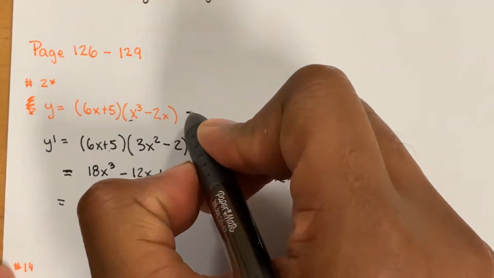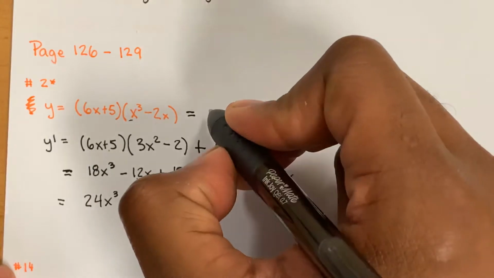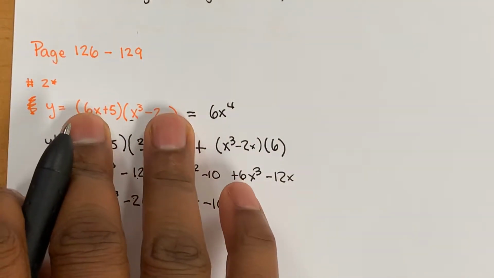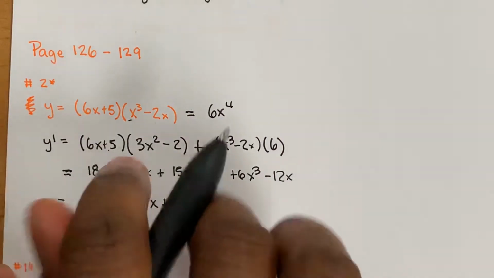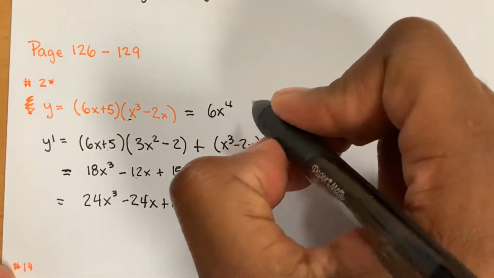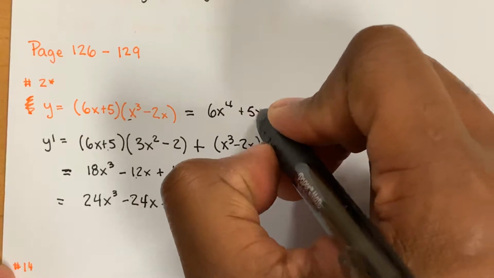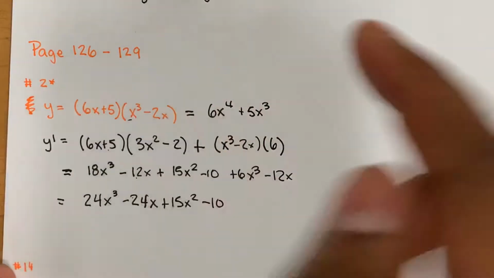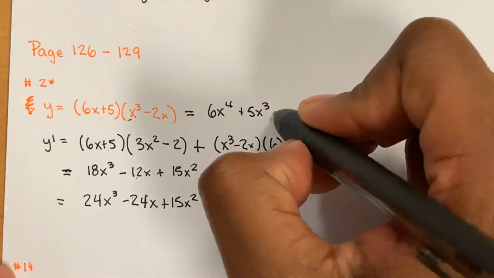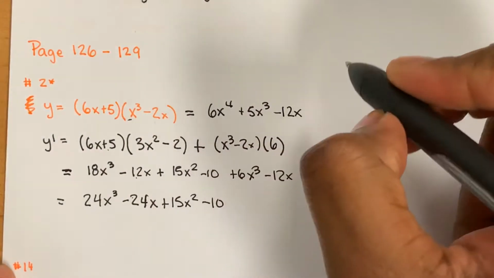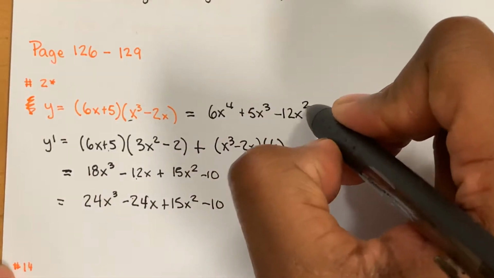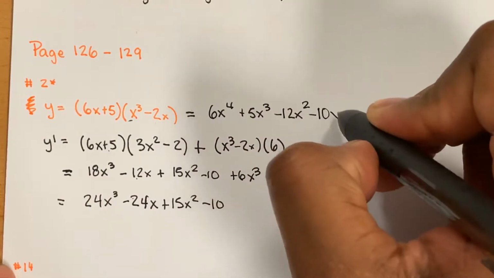Now, if we multiplied this out from the start, we would have had 6x to the 4th minus 12x squared plus 5x cubed, and minus 10x.